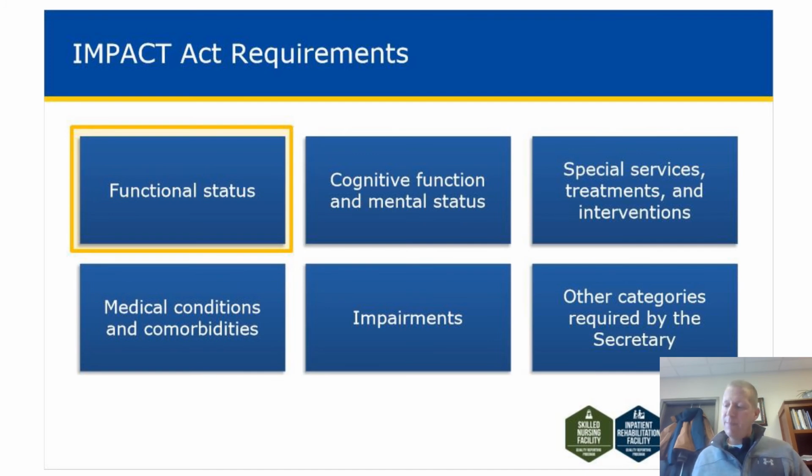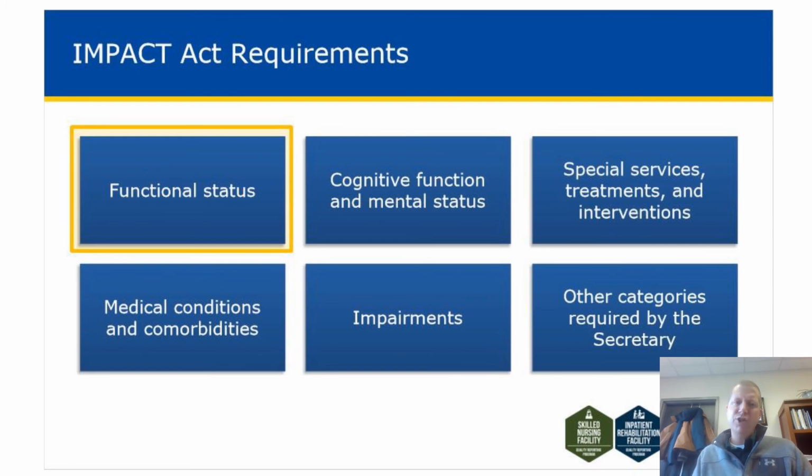So the IMPACT Act requirements, again, looking at the clinical assessment domains and categories that each site, so inpatient rehab, skilled nursing facilities, home health care, long-term care hospitals, they all gather data relating to these areas.